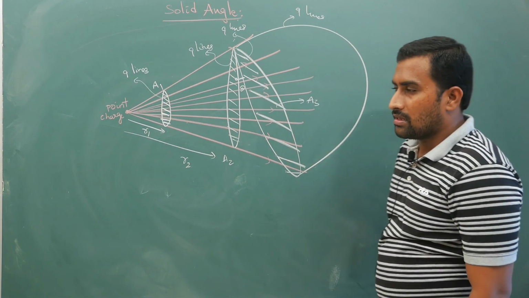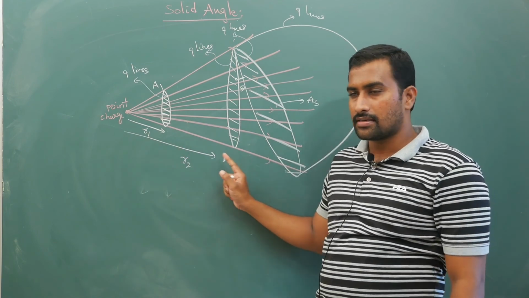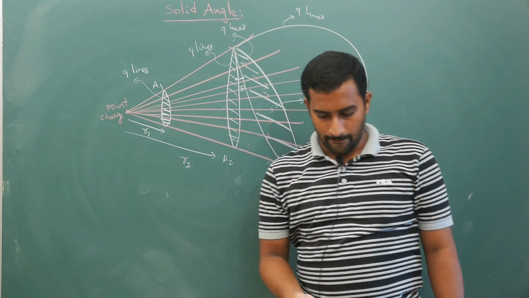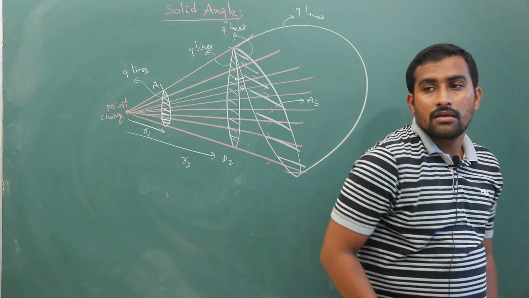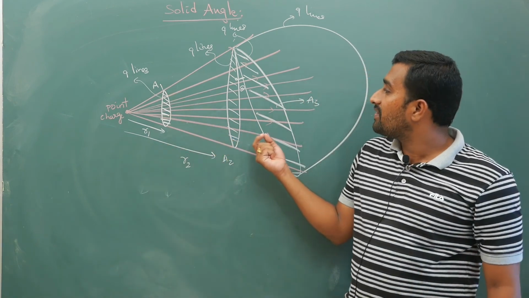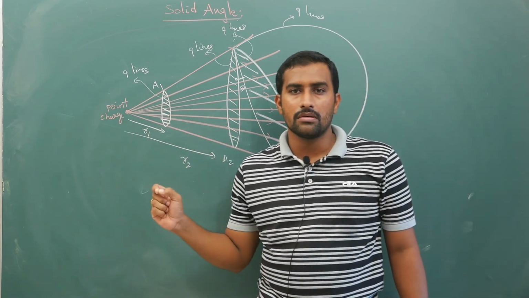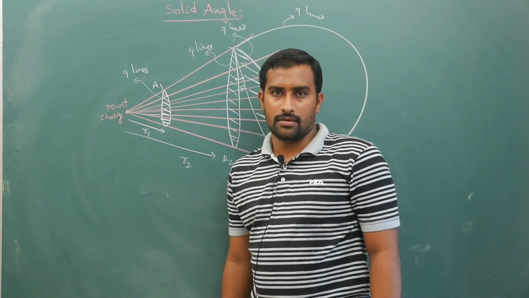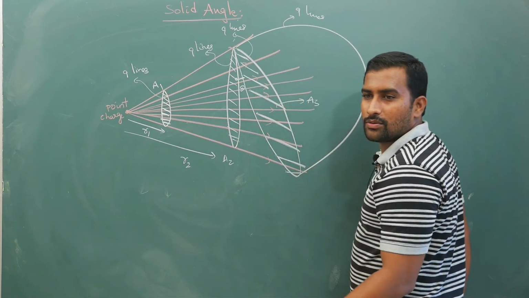Now this distance is different, this distance is different, and the shape is also different here. Why did this happen, or why is the number of field lines the same in all these cases? If you ask me, the reason is solid angle. I will tell you what solid angle is, do not worry.